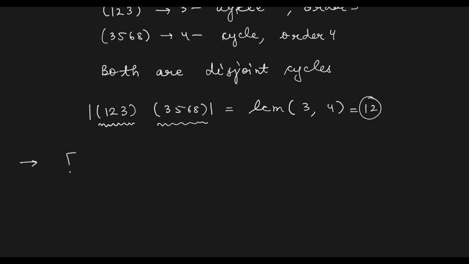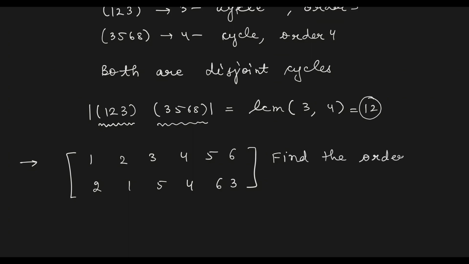Next, if I have 1 2 3 4 5 6 mapped to 2 1 5 4 6 3, I have given this in array form. Find the order. Firstly, write this in cyclic form and then find its order.